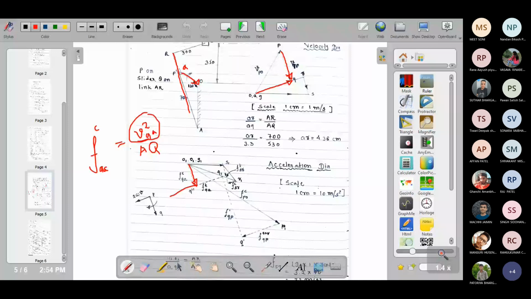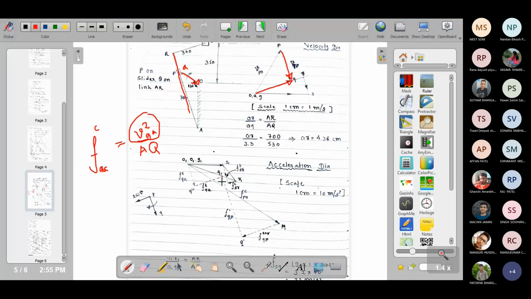This previous perpendicular line and this line, wherever they intersect, you will have point Q1. Now this is the acceleration of point Q with respect to fixed point A.